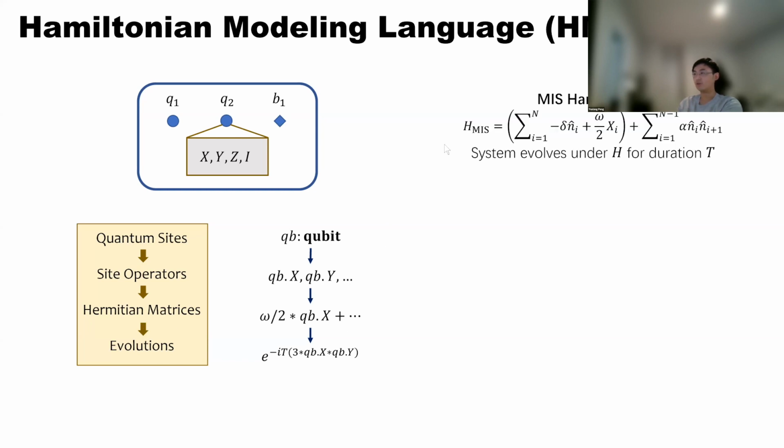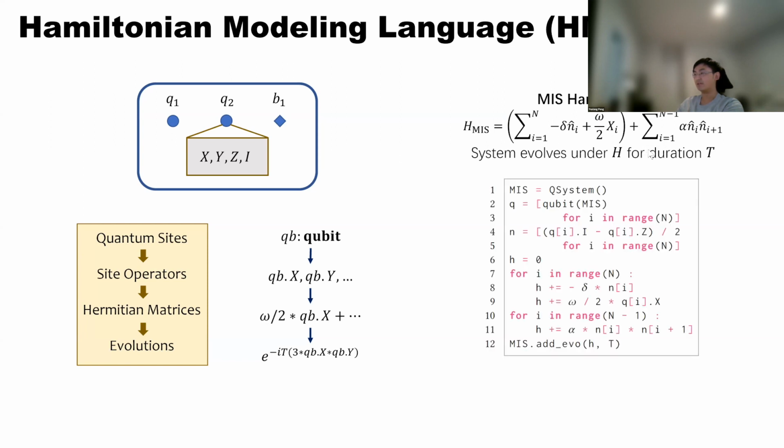For example, we want to describe the MIS Hamiltonian, where MIS stands for maximum independent set, a typical Hamiltonian studied by people from the QuEra systems development team. They found this Hamiltonian encodes the classical maximum independent set problem. The Hamiltonian presented here can be programmed in HML, which has an implementation in Python, in this way.